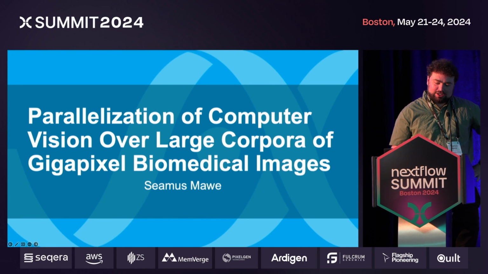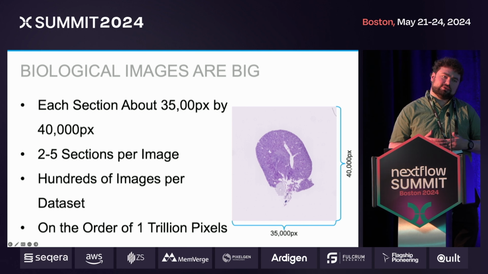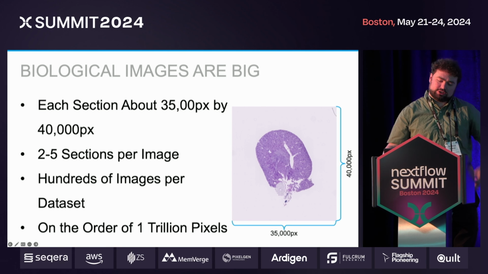So today I'm going to talk about our work on parallelizing image analysis over a large set of very large images. We've been working with whole slide images, which means the microscope scans over an entire slide, resulting in tissue sections that are about 40,000 pixels on a side.